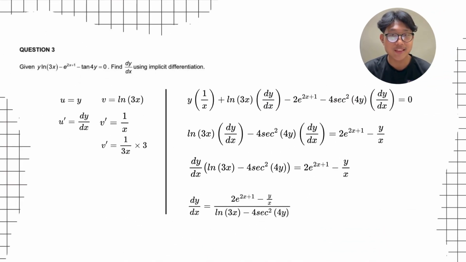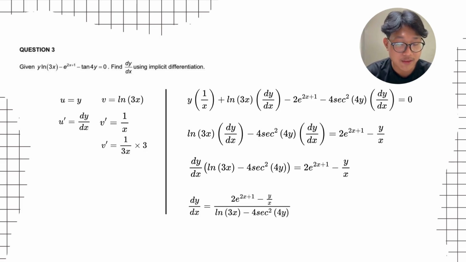Okay, so for question 3, given y ln 3x minus e to the power of 2x plus 1 minus tan 4y equals 0, find dy/dx using implicit differentiation. First, we need to determine which expression needs the product rule, quotient rule, or differentiation as usual. For this case, y ln 3x needs the product rule because it has two variables.